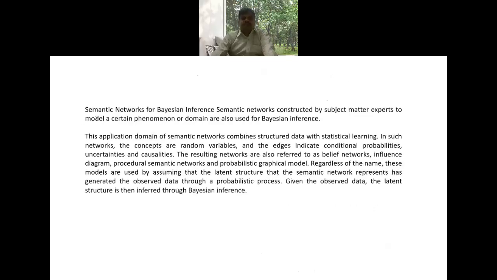Now, coming to semantic networks and how they can be employed in expert systems. We can use Bayesian inference. Semantic networks constructed by subject matter experts to model a certain phenomenon or domain are also used for Bayesian inference. This application domain of semantic networks combines structural data with statistical learning.